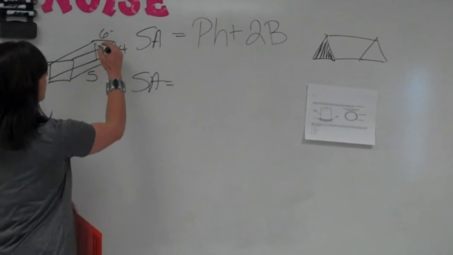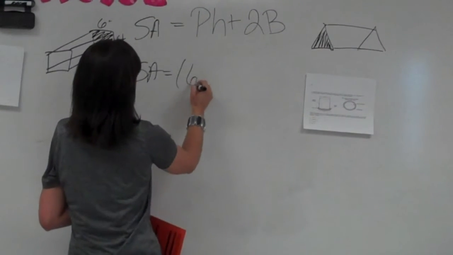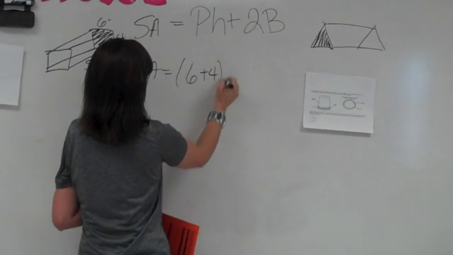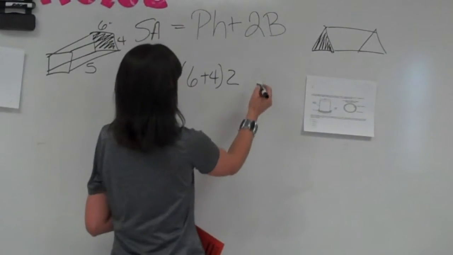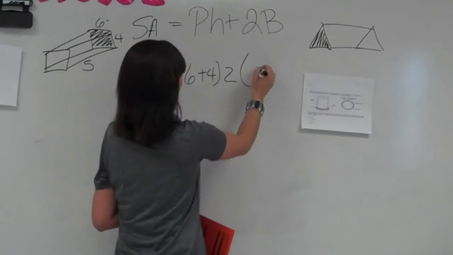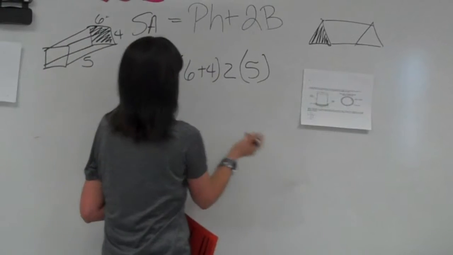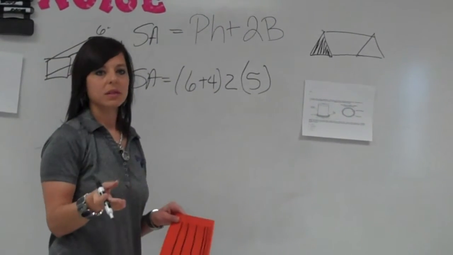Okay, so you're using this as your base, right here? Okay, so 6 plus 4, and then that's times 2, right? Okay, you can get 20 that way. Then you're going to multiply it times your height, which is 5, right? Okay, so I want you to plug it in like this, and so you know exactly what to do.